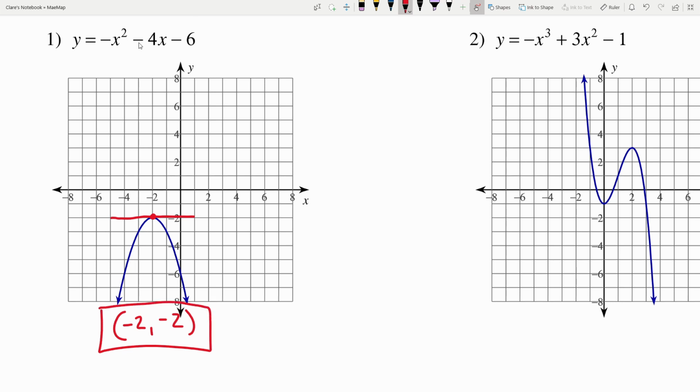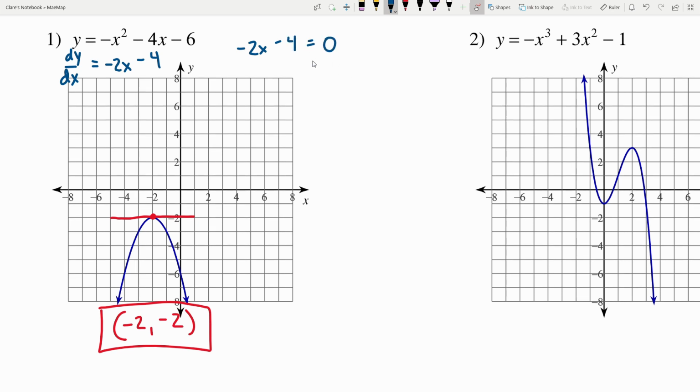Let's look at, though, taking the derivative. So taking the derivative of y, we'll have, well, the derivative of -x² is going to be -2x, minus the derivative of 4x, which is 4, and the derivative of 6 is 0. So we want to see when the derivative, -2x minus 4, equals 0.